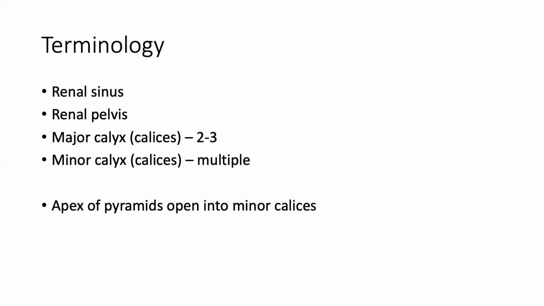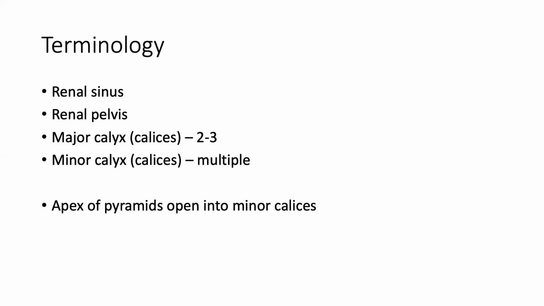There are a few terminologies which will make us confused. The term called renal sinus. Renal sinus means the region of the hilum, which is inside the kidney, which includes the renal artery, renal vein, and renal pelvis inside of the kidney.